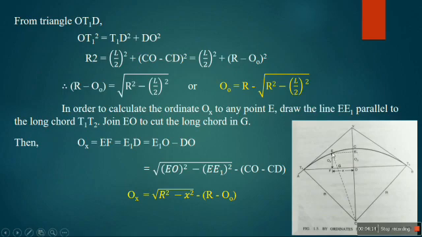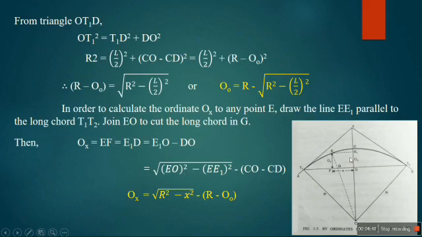Then join EO, and write down this point as F. Here we have to find OX. OX is nothing but EF. EF is nothing but E1D. Again we can write this as E1O minus DO.